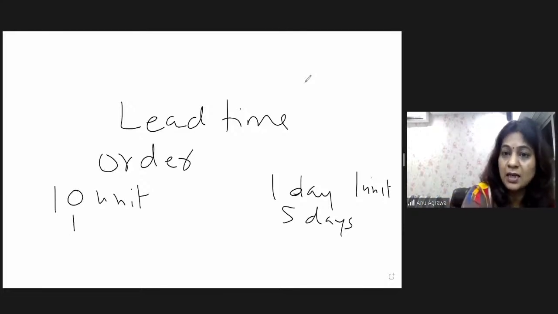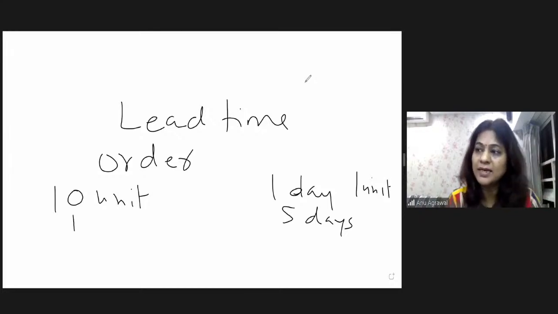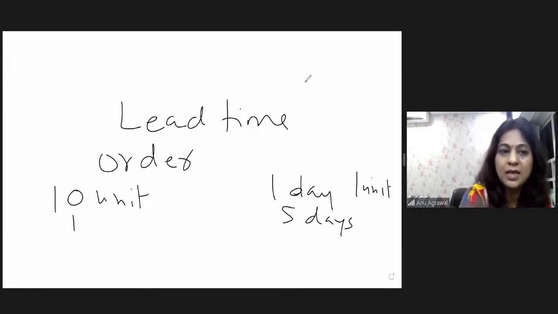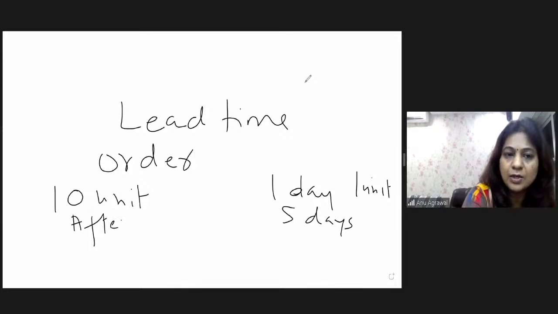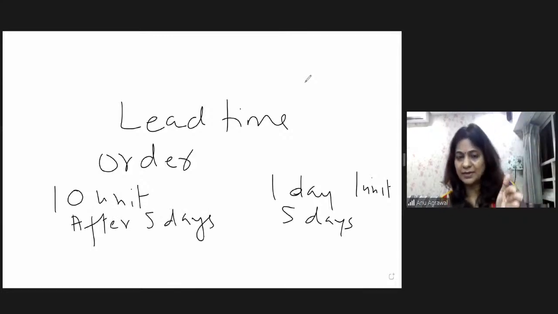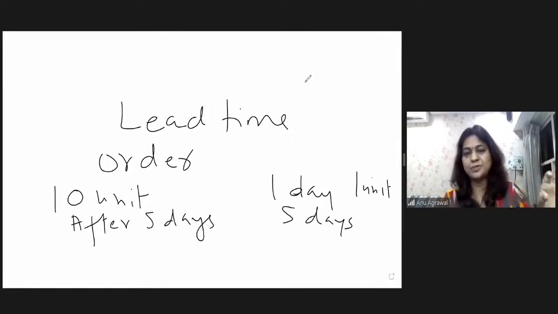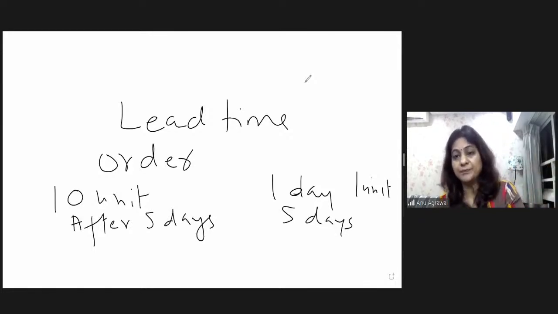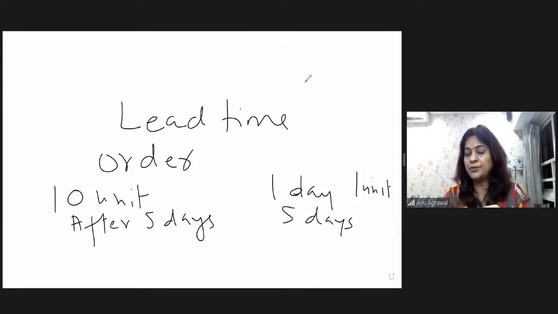That means after how many days will you again place the order? After 5 days, you'll again place the order. You know why? Because by the time 5 days have elapsed, you have already used 5 units. Now, if you do not order on the 5th day, and if you order after the units are over, you'll be out of stock.